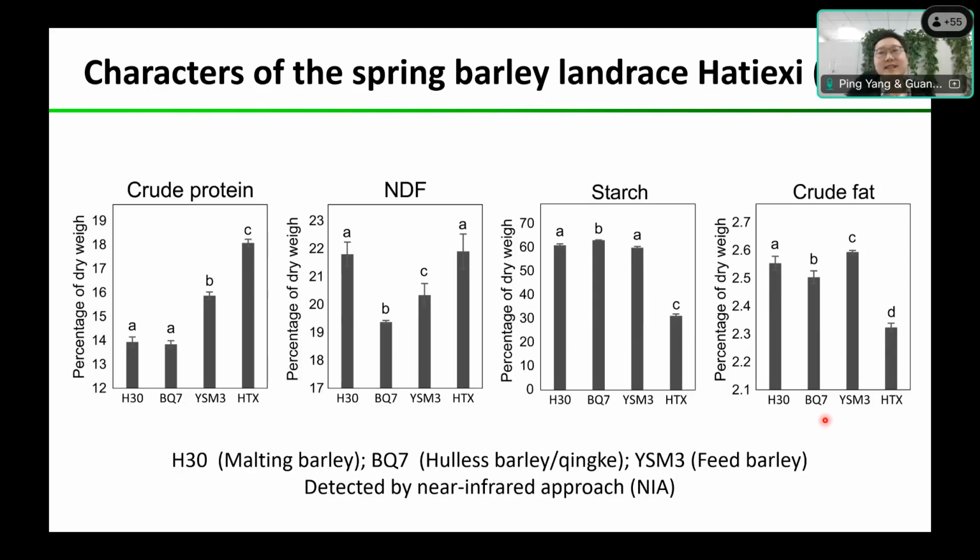We also tested this genotype for some grain qualities, as you can see here. This is also a little bit special because it shows very high protein content, but slightly lower starch content. That means this would be a good material to work on grain quality related traits in the future.